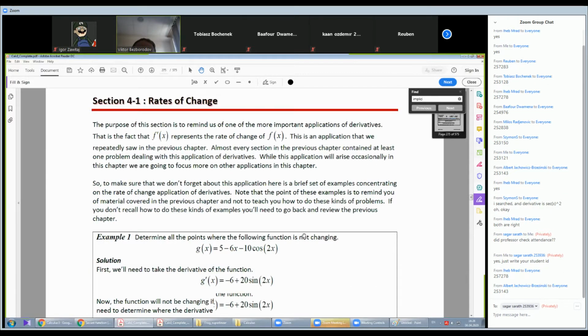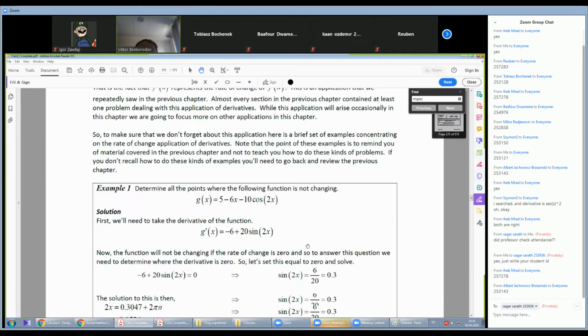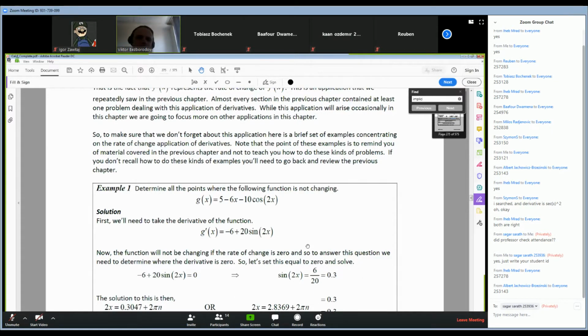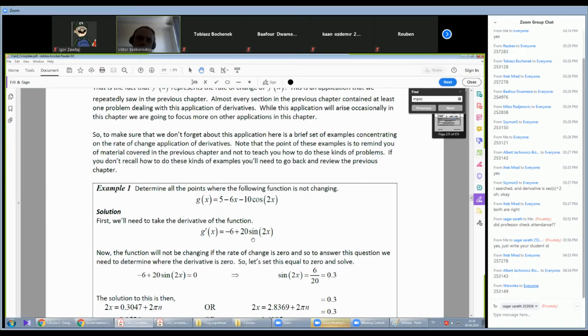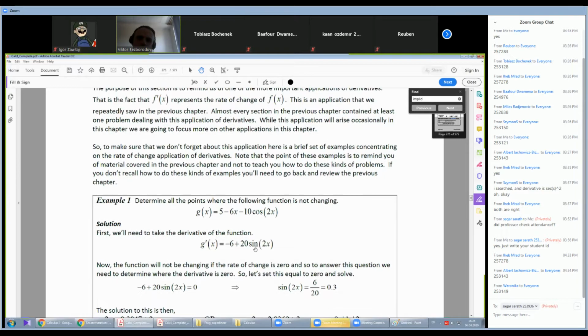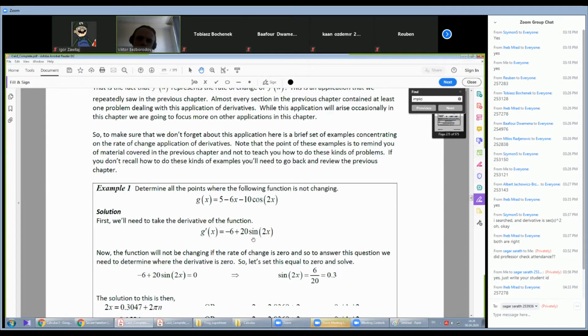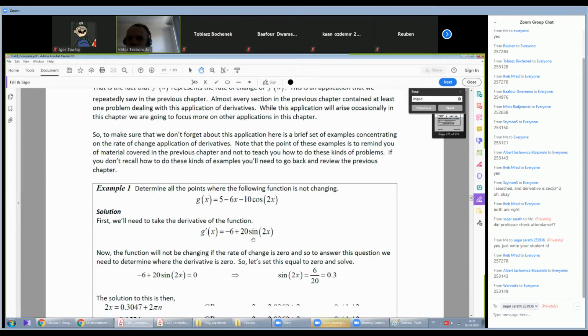In this part, I think mathematically it's not too complex. It's nothing extraordinary.